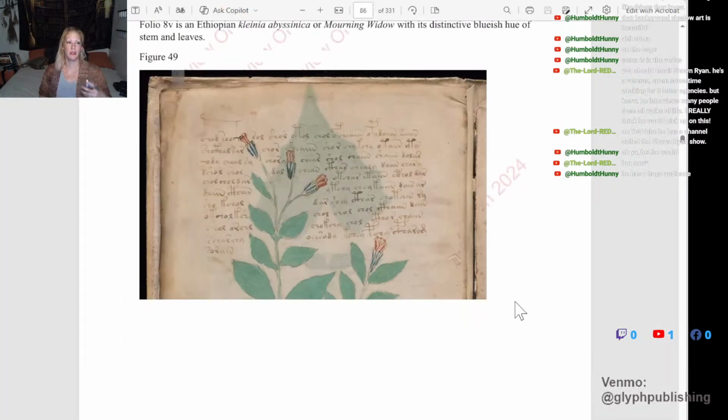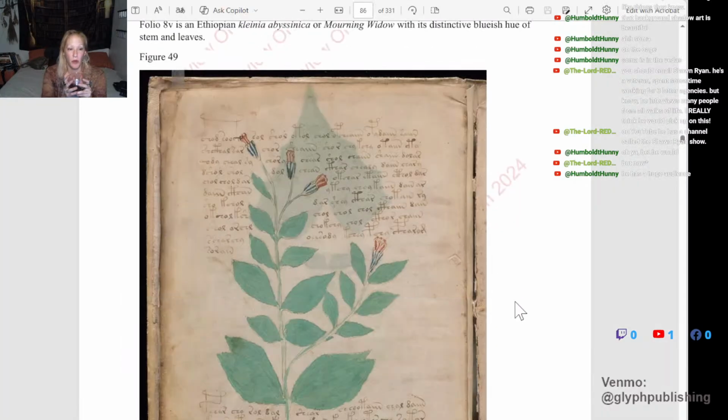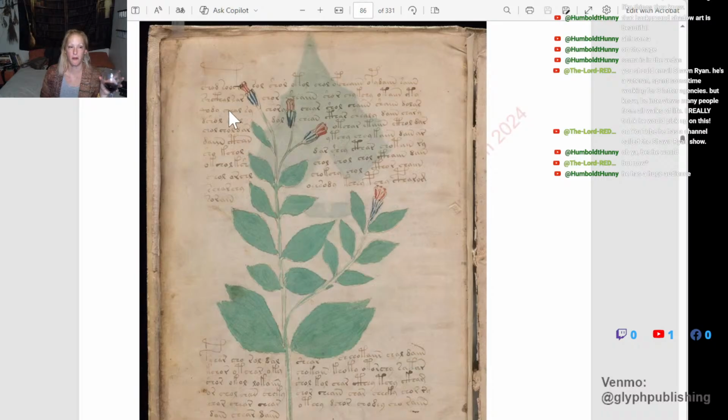This is one of the East African plants called mourning widow. Okay, Kleinia abyssinica. So this is Kleinia abyssinica. Notice that these are not opened yet.